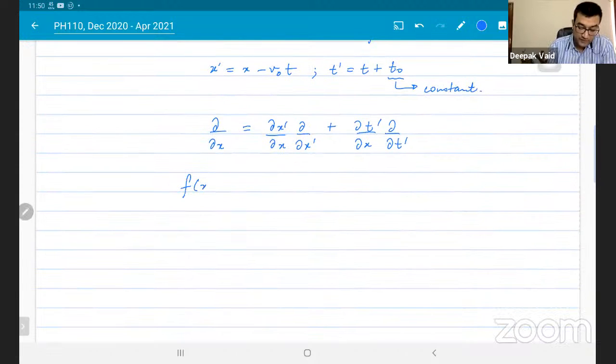So remember that if you have some function f of x prime, and x prime itself is a function of x, let's say, right? Then how would you calculate df by dx? Well, how would you calculate just df? Right? What would you say?